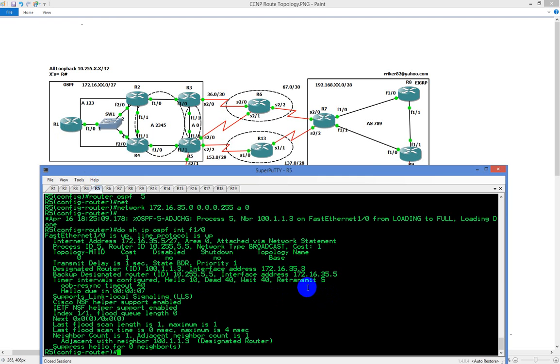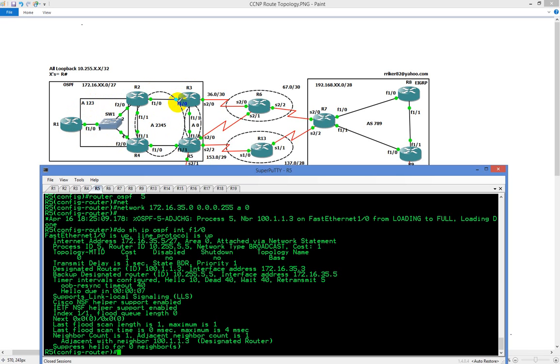Now, any other routers that I would join to area 0 would be DR other. We'll take a look at that when we come over here to area 123 with 1, 2, and 4, where I don't know who I'm going to have become the DR. A router can be both a DR other and a DR depending on what area it's in. So, for instance, here router 3 is the DR for this link.